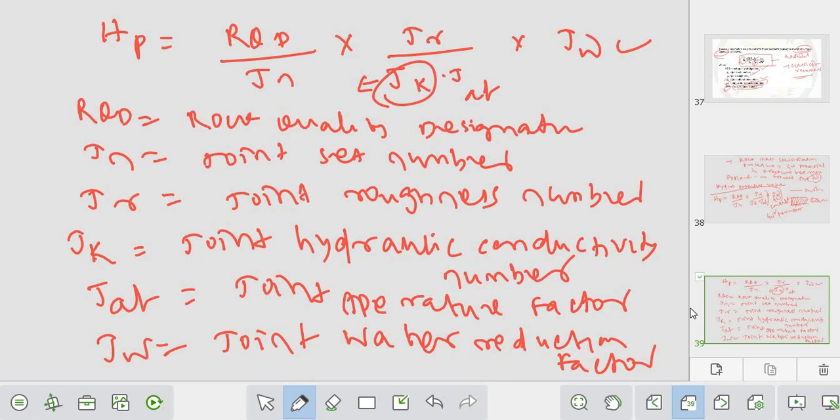Whether this type of aquifer is permeable, enough permeable or not, so that we can extract the groundwater, है ना? And JAF, that is the aperture factor. Okay, remember this.